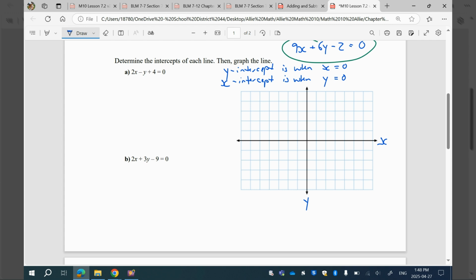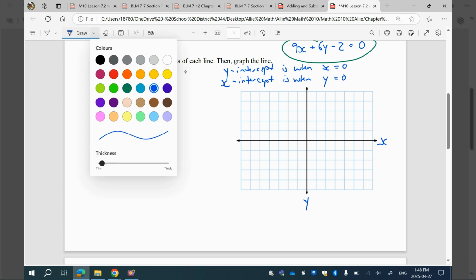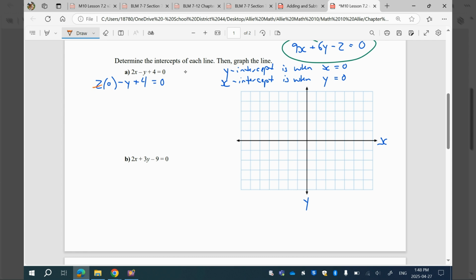So let's do the first one. Let's find our y-intercept. So that's when x equals 0. So we can input that. We can go 2 times 0, subtract y, plus 4 equals 0. And then we're going to solve for y. So that's now 0. And we have negative y plus 4 equals 0.